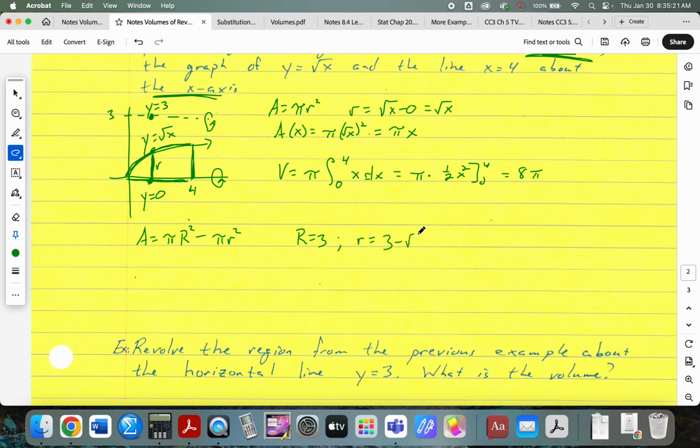Yeah, 3 minus the square root of x, because it's the distance between them. So then the area in terms of x is going to be 9 pi minus pi times 3 minus the square root of x quantity squared.